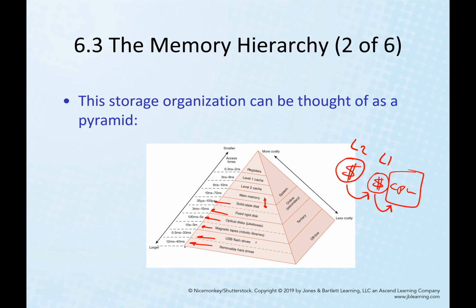If we want to extend this hierarchy one more level, who can tell me which level we will have below the removable hard drives? Can you guess? Any idea?